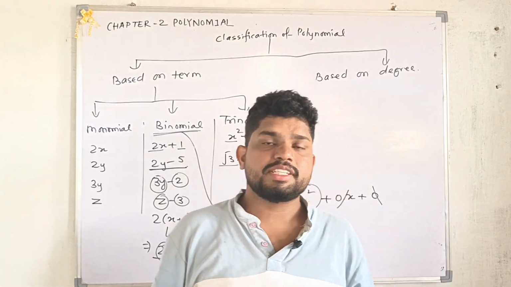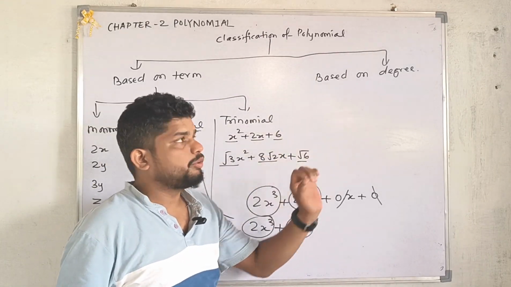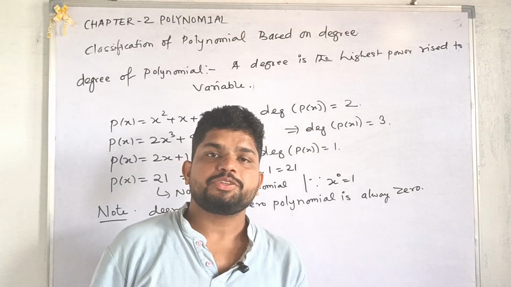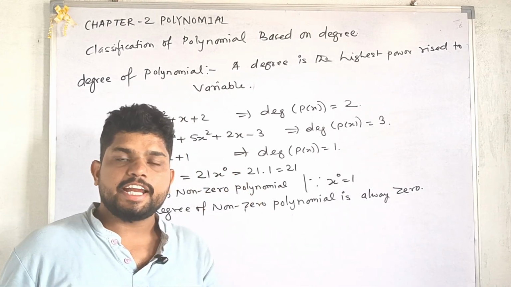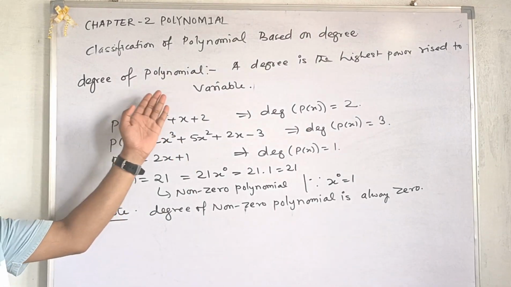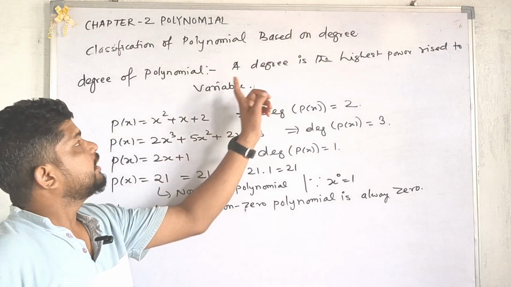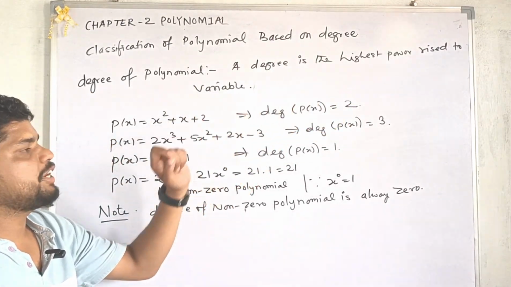Now dear students, we will see the classification of polynomial based on the degree it has. Before I tell you the classification of polynomial based on the degree, let me tell you first what is degree. Basically, the degree of a polynomial is the highest power raised to a variable.